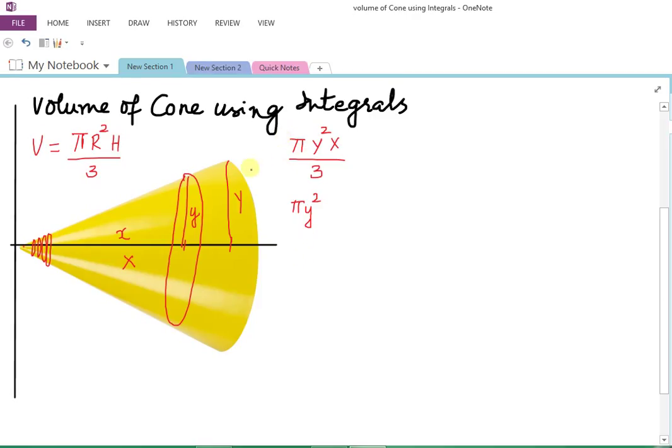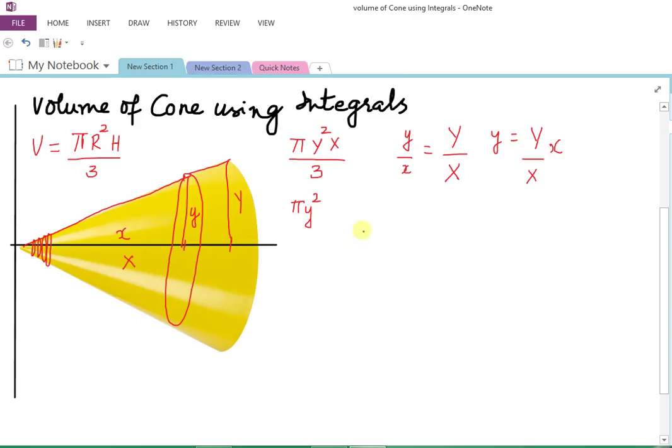And from properties of triangles, I know that this small triangle and this bigger triangle are related to each other, right? And so y over x is equal to capital Y over capital X. In other words, y is equal to capital Y by capital X into small x.